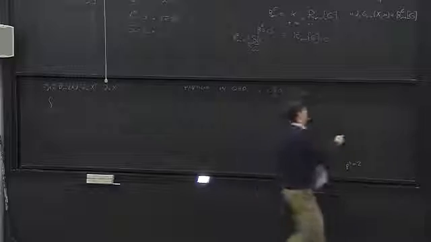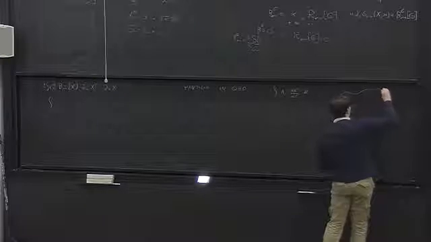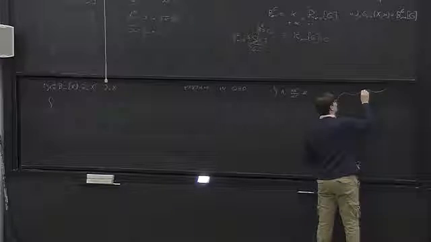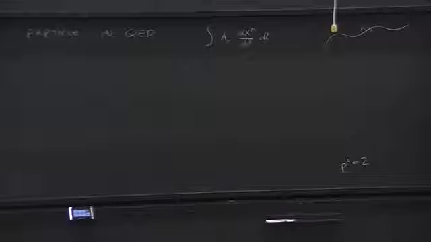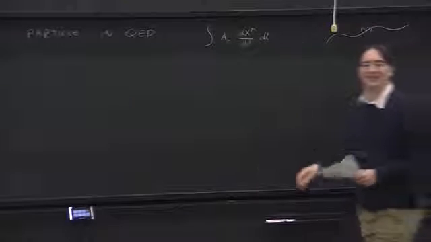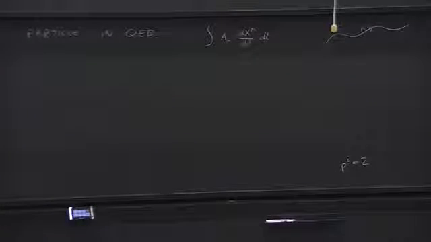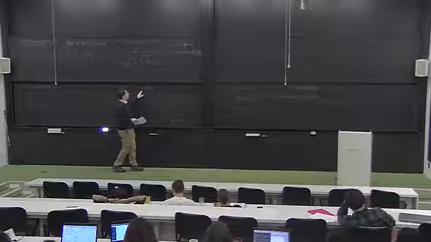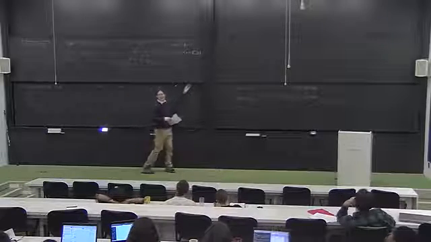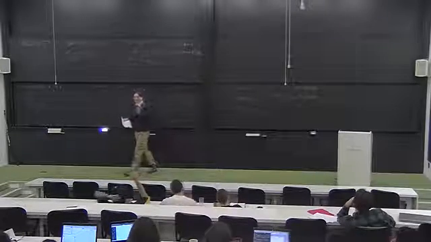You have the trajectory of the particle, and you integrate A along it. That tells you that the particle is charged under your gauge field. So this coupling is a string version of that. If you have a particle, it couples naturally to a one-form because you can integrate a one-form on the worldline of the particle.